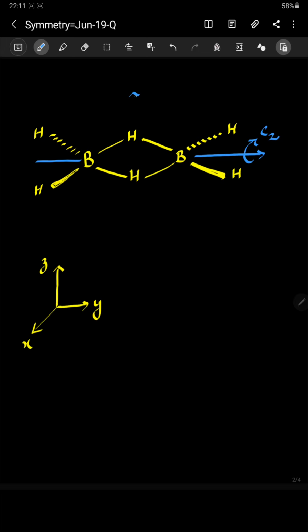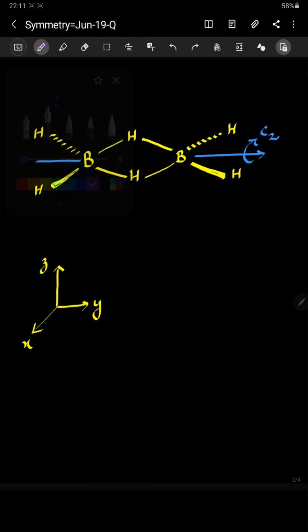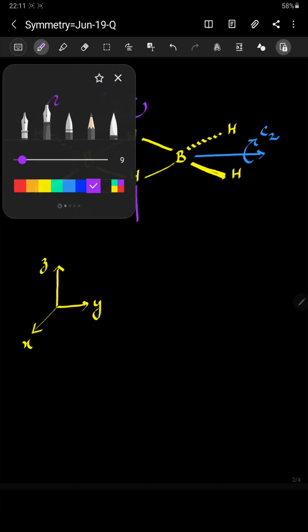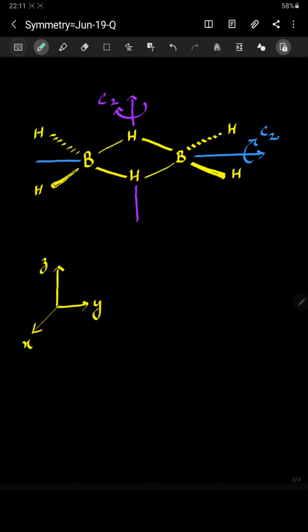Then there is a second C2, which passes through the two bridging hydrogens, and if you rotate by 180 degrees, that would produce an equivalent configuration. Along with these two, there is also another C2 that is pointing towards you. Apart from these three rotational axes, there is no other rotational axis.